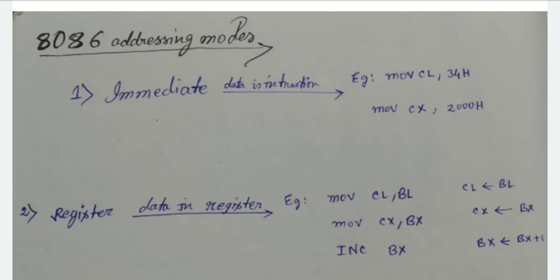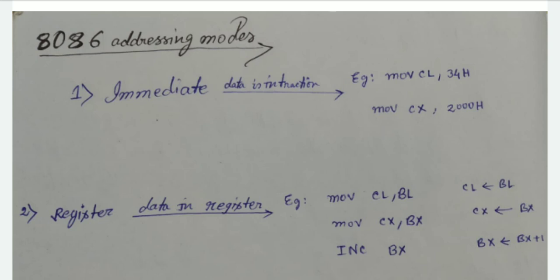That means the CL register gets the value of the BL register. The next example is MOV CX, BX. That means the CX register gets the value of the BX register. These two addressing modes are very easy.